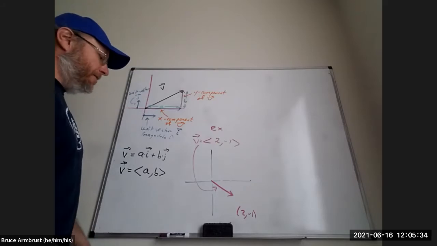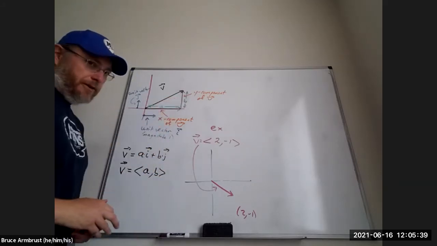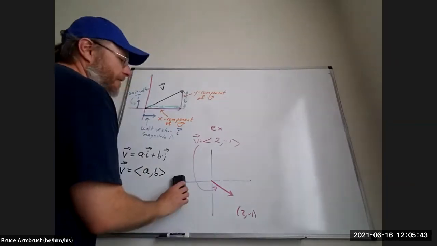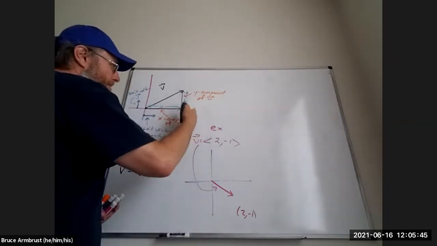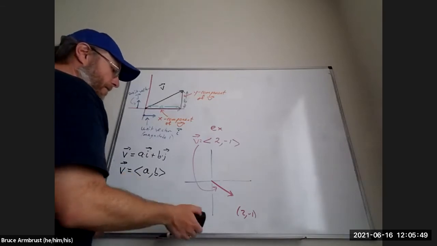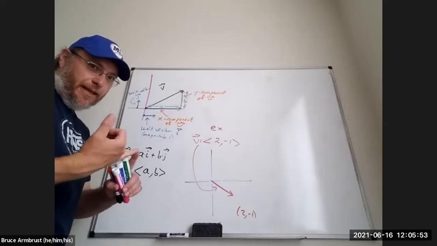All right, so let's relate these just a little bit more to each other, and then I'm going to show you how you do the operations. Specifically, I want to talk about how you can find the magnitude and the direction of a vector if you're in this form. Well, this is going to be the same thing as finding r and theta in polar.